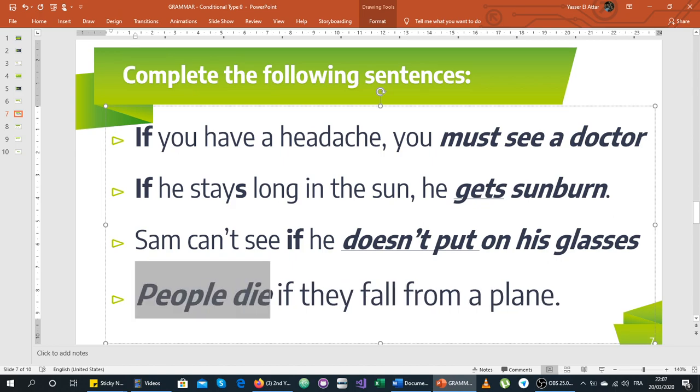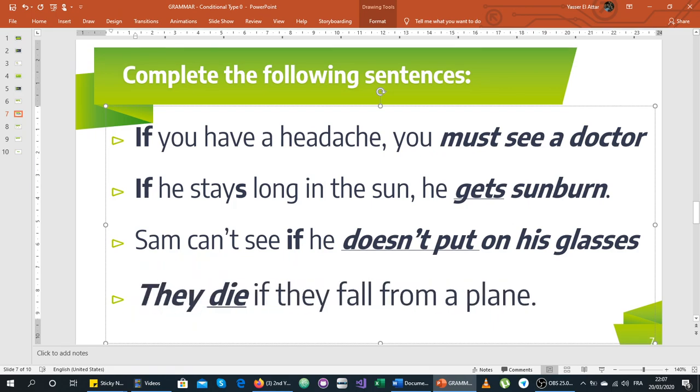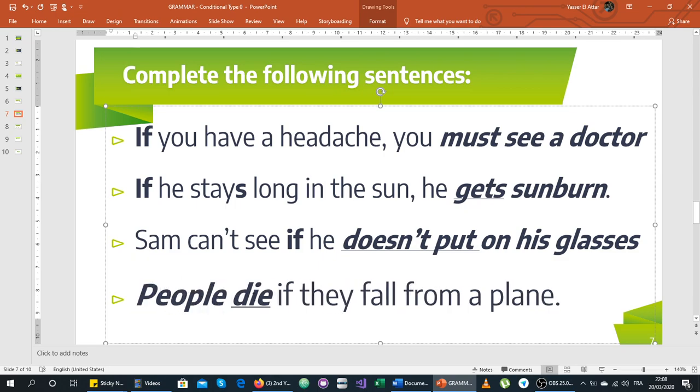People die if they fall from a plane. The verb is die, conjugated in the simple present. People means they, and they is always followed by the verb in the infinitive without anything attached, so it stays like that. So I will just keep people like this.